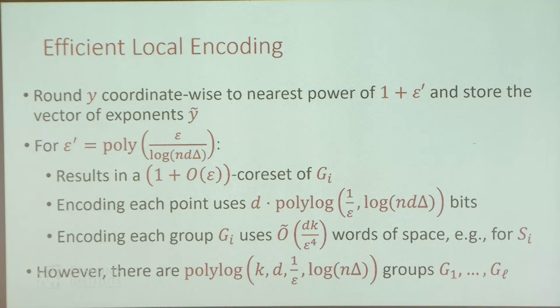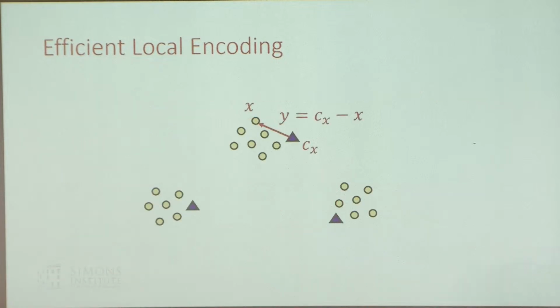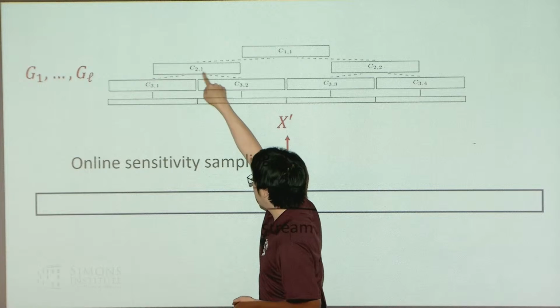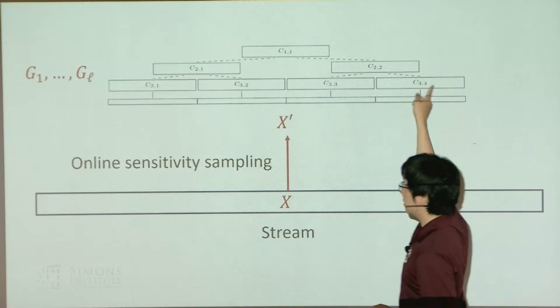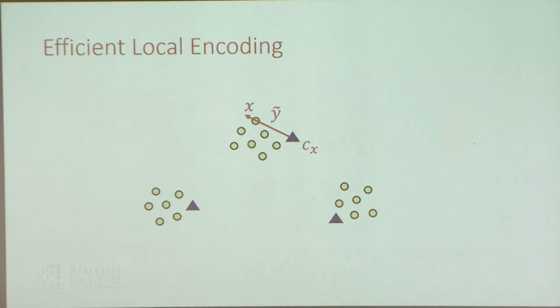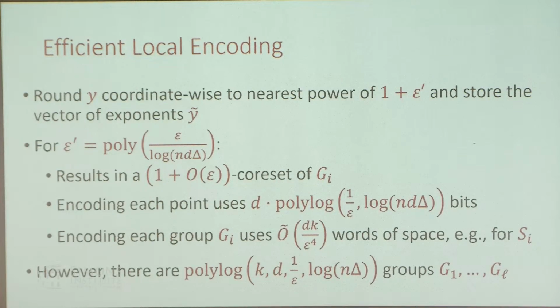So the TLDR is that by this efficient encoding, we still get a good core set for each core set. This rounding trick will be a better way to represent each of these core sets. But again, the problem is that we still have too many of these groups.